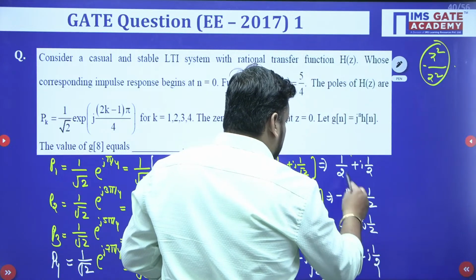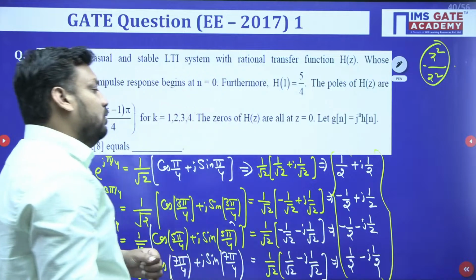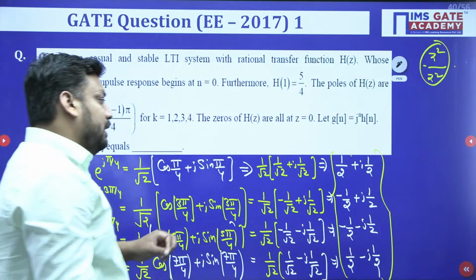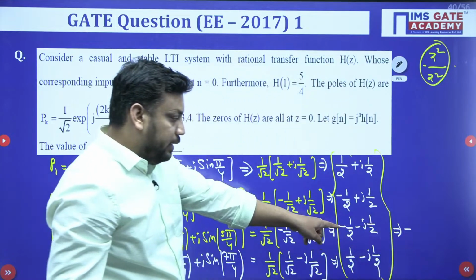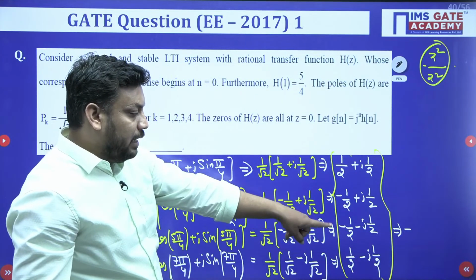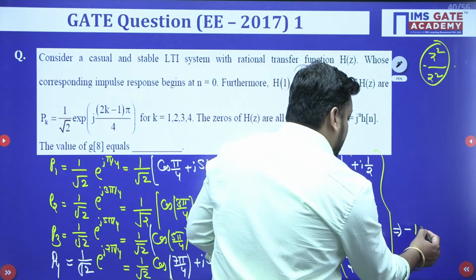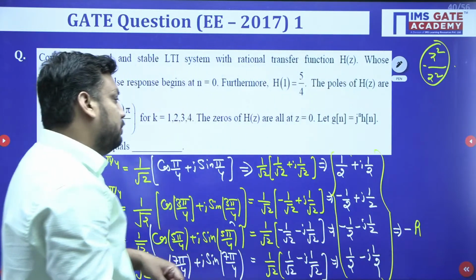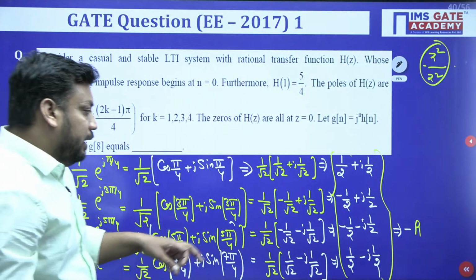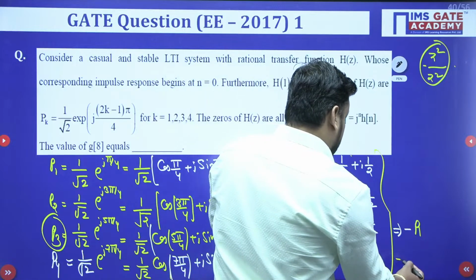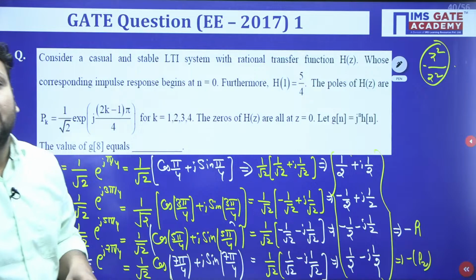If I take minus common here, inside the bracket I get half plus half j. So P3 is nothing but minus P1, and P4 is nothing but minus P2.